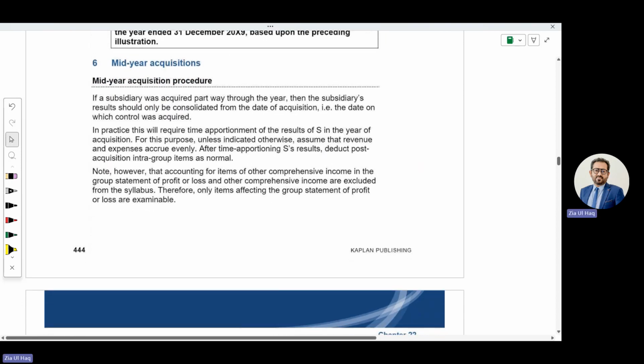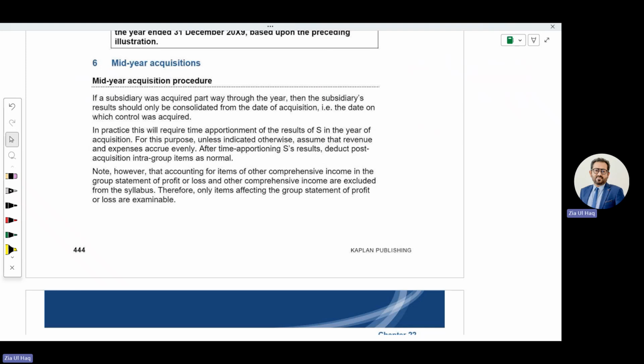There could be a mid-year acquisition. If the subsidiary is acquired at the start of the year, we will add the complete result of the subsidiary. If the subsidiary is acquired during the year, like year end is 31st December and the subsidiary was acquired in April, this means the January to March results we will not consolidate.